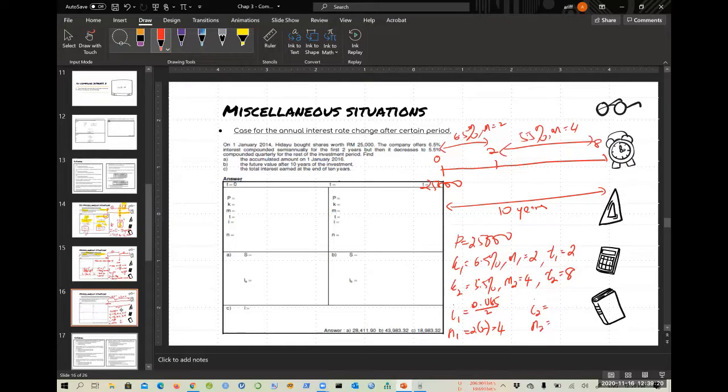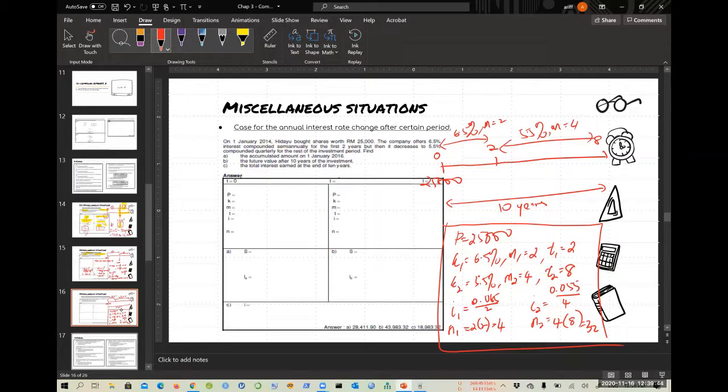Meanwhile, for I2, you have 0.055 divided by 4, and for N2, you have 4 times 8. So this gives you 32. Based on all of this information, what you can do is fill in whatever is inside here, here, here, and here. You can try this one later because they give you the answer down here, so you can check whether you get the correct answer or not.